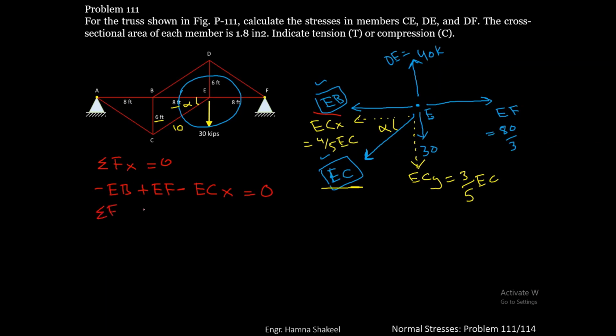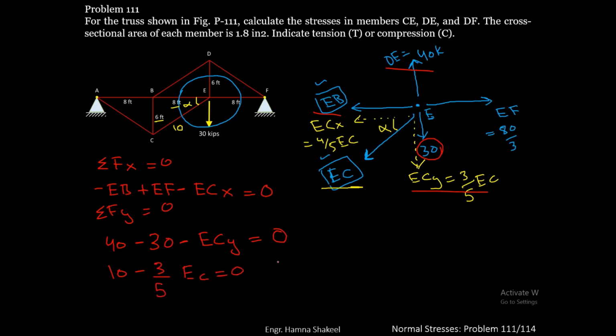For sigma Fy equal to 0, it will be DE, which is equal to 40, minus this 30 force, minus ECY equal to 0. So this will become 10 minus 3 by 5 of EC equals 0. So the value of EC is equal to 50 by 3 kips.